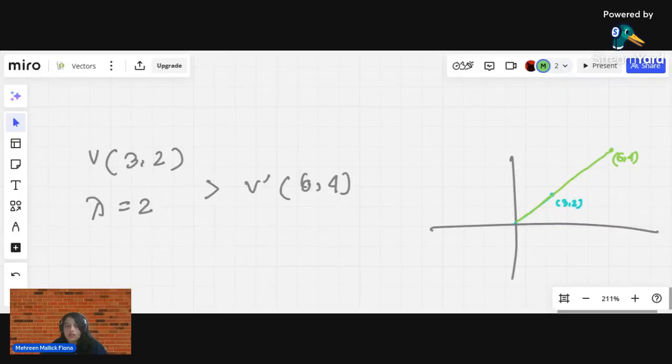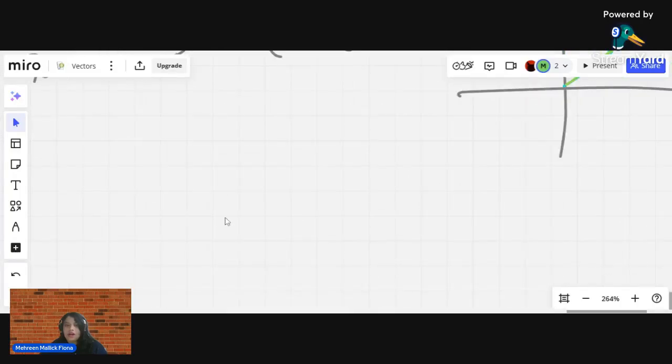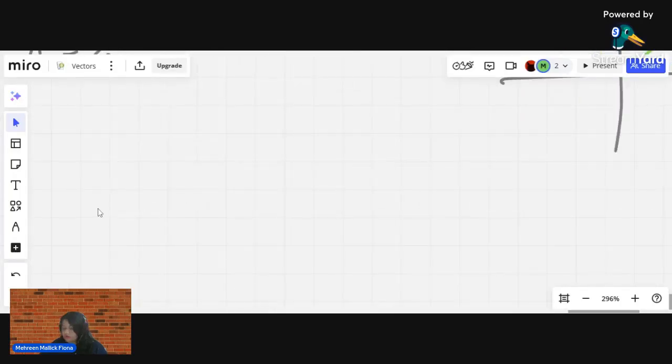So now that we have a short idea of the addition and scalar operations, let's understand the dot product that we heard about at the very beginning. Let's say we have a row matrix.